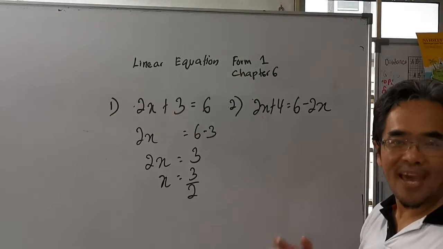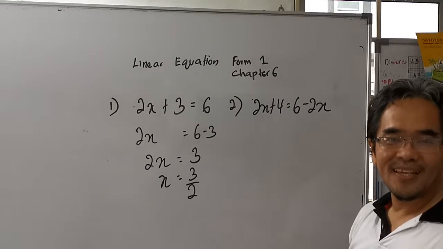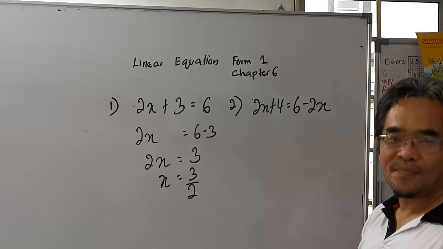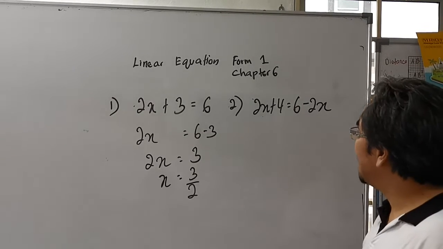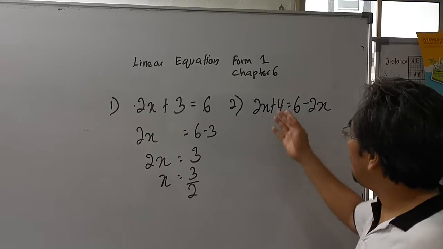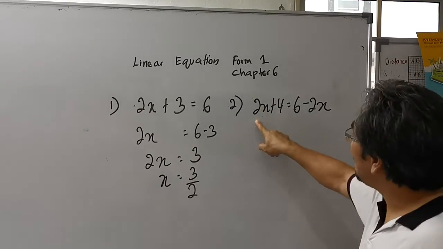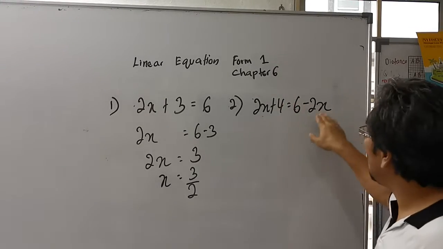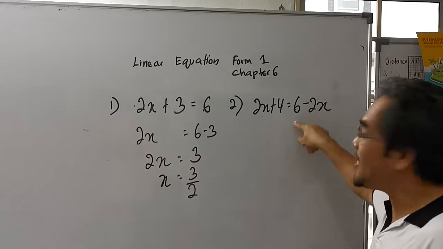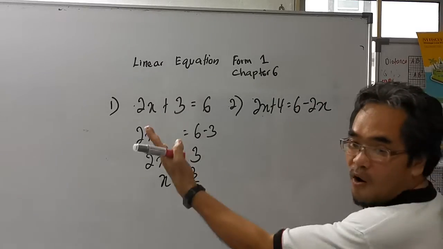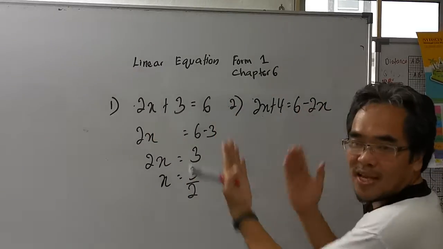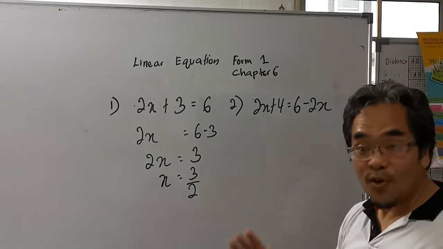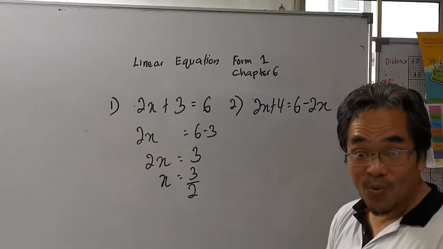Just guess a value that will fulfill it. Try 0. So 2 times 0 will be 0. You get 4 on the left side and 6 on the right side. They are not equal. Negative. For your info, I also do not know.